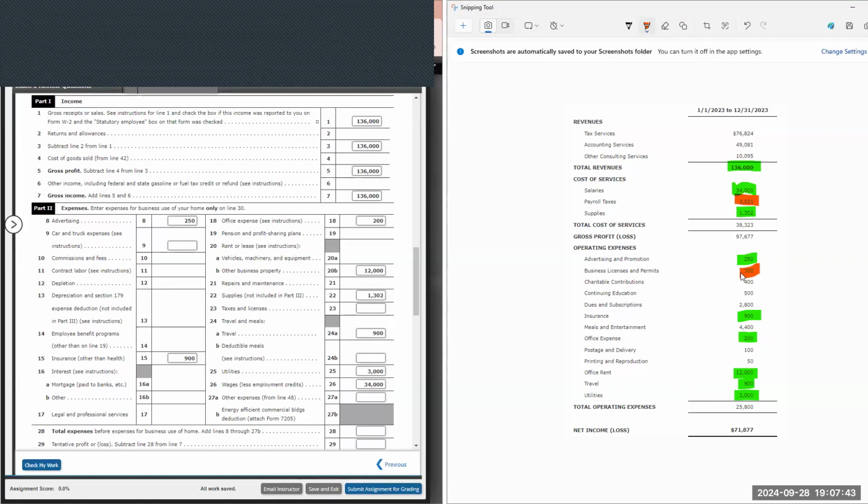Then we have business licenses and permits. So we add both of these amounts. Generally, what will happen in the tax software is that if you click on this, you can input two lines. The first line will show payroll taxes with the individual amount, and the second line, the business licenses and permits. And we add the two. That gives us $3,321.